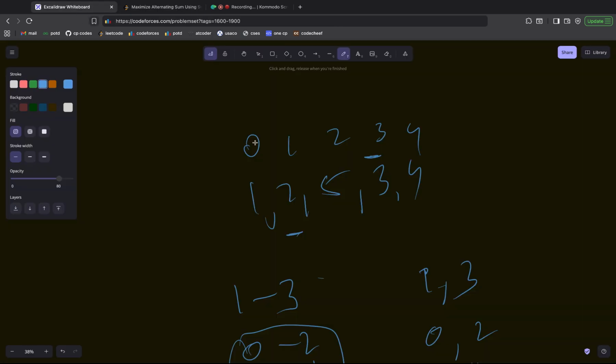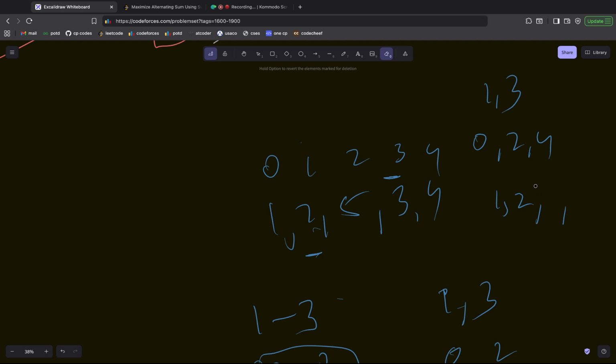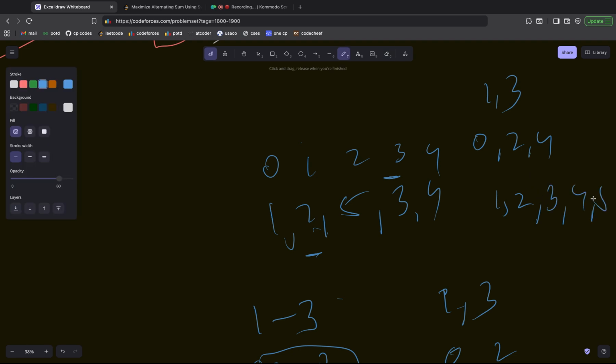What I'm trying to say is what we did here, right? How did we solve this problem? I get all the odd indexes, that is 1 and 3. I get all the even indexes, that is 0, 2, 4, and I get all the values sorted. So that is 1, 2, 3, 4, 5.